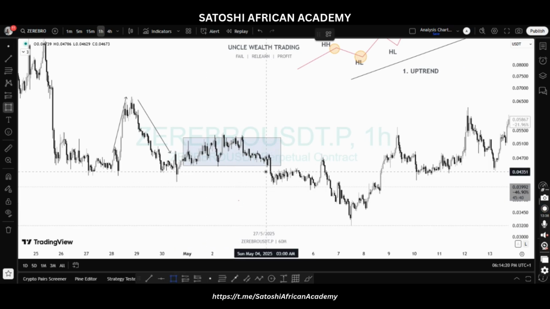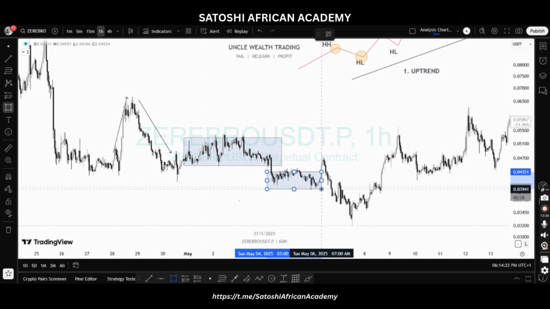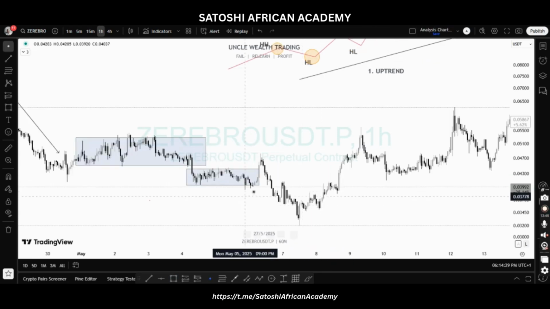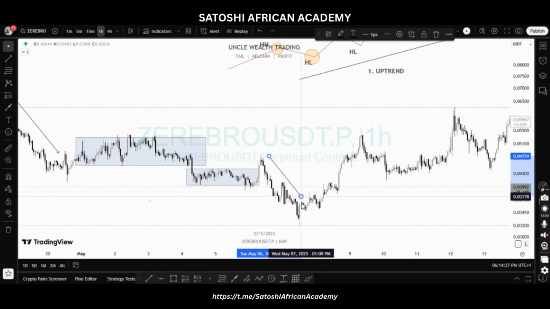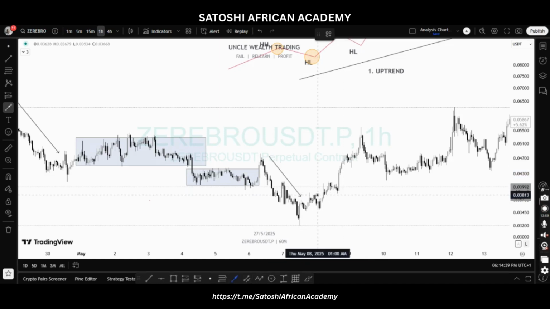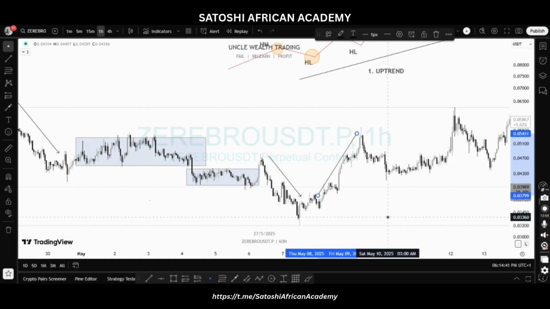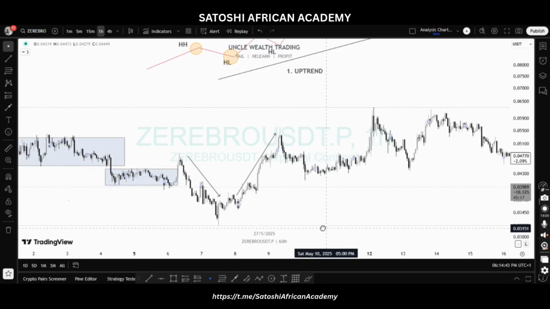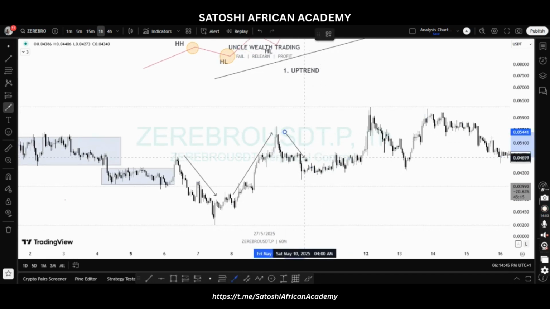And we had another consolidation here. Then a little peak, and then we had our downtrend here. And then we had our uptrend here. We had a little downtrend here.